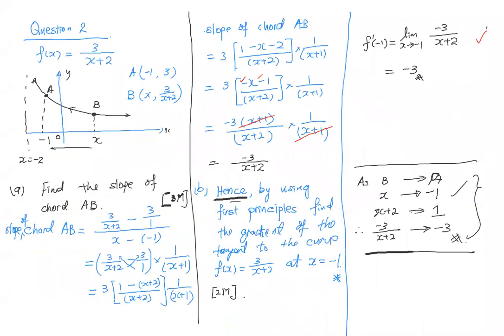And for this case, what is the meaning of the slope of a chord in this case, chord AB? Shafiq? Yes, miss. What is the meaning of this one? I ask you to interpret this value.